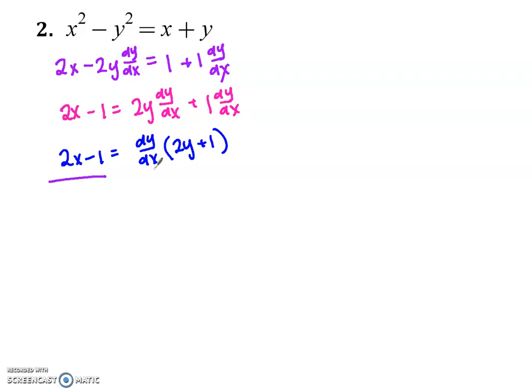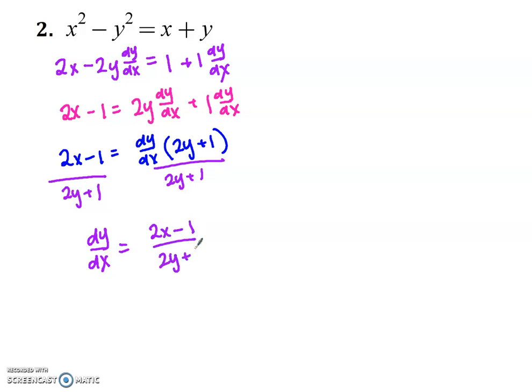And then your last step would just be to divide by the 2y plus 1. So our final answer will be dy/dx equals 2x minus 1 over 2y plus 1. And you can't simplify this because this is stuck together. The 2x minus 1 is stuck together, the 2y plus 1 is stuck together. The only way we would be able to simplify is if every single term had a GCF we could reduce by.